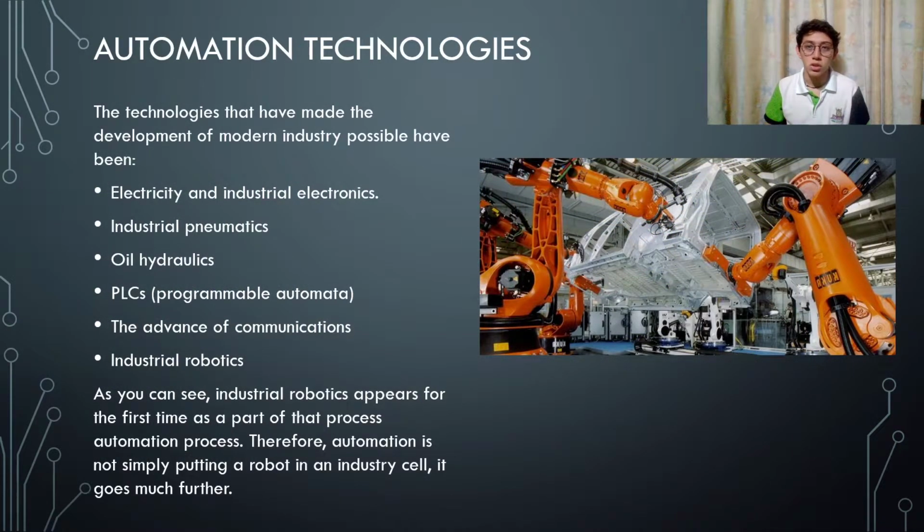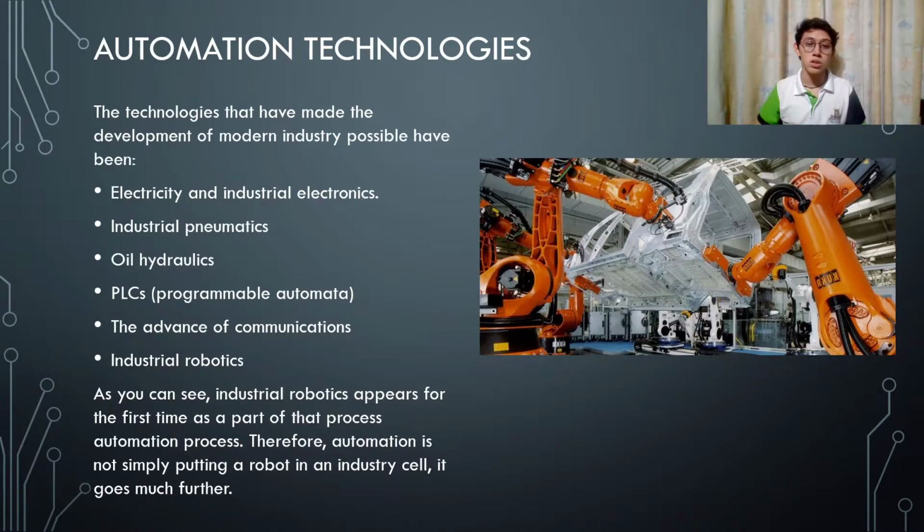Automation technologies are something all mechatronic engineers need to know, because the technologies that have made the development of modern industry possible have been electricity and industrial electronics, industrial pneumatics, hydraulics, PLCs, that is, programmable automata, advances in communications, and industrial robots.